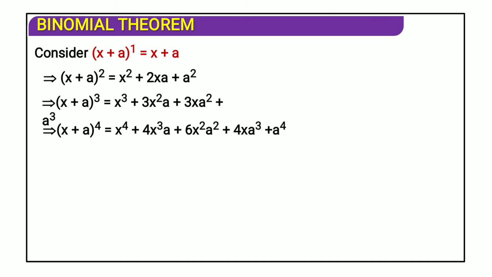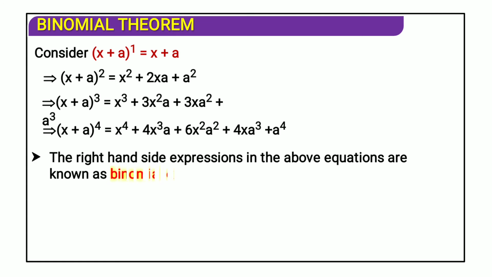x plus a to the power 4 is x plus a whole square, whole square, and this turns out to be x to the power 4 plus 4x cube a plus 6x square a square plus 4x a cube plus a to the power 4. The right hand side expressions in the above equations are known as binomial expansions.